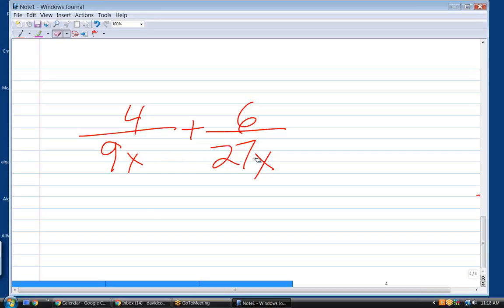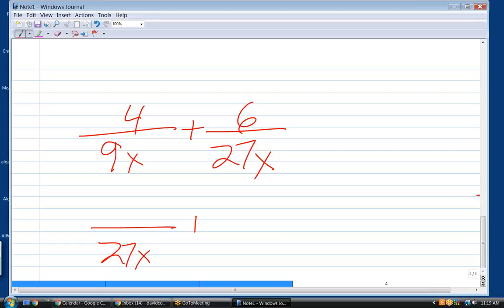This is already the common denominator. In other words, we've got it. The only thing you need to know about a common denominator is, is each denominator evenly divisible into it? Well, 27x is certainly divisible by itself, and it's also divisible by 9x. It equals 3. So it's the common denominator.